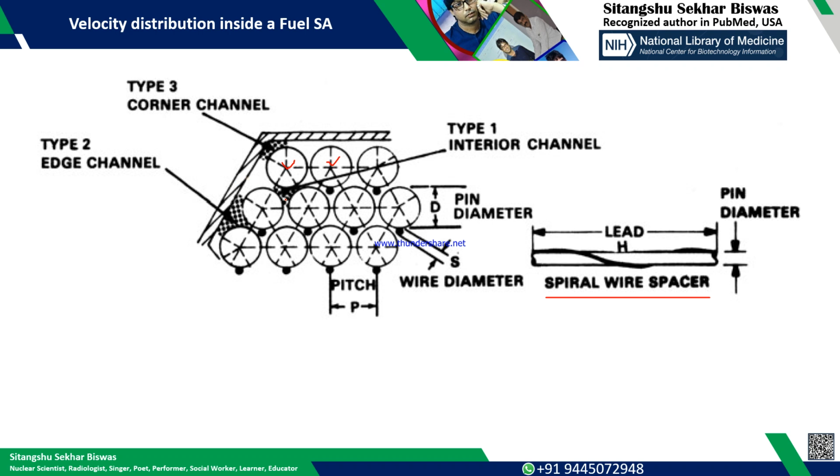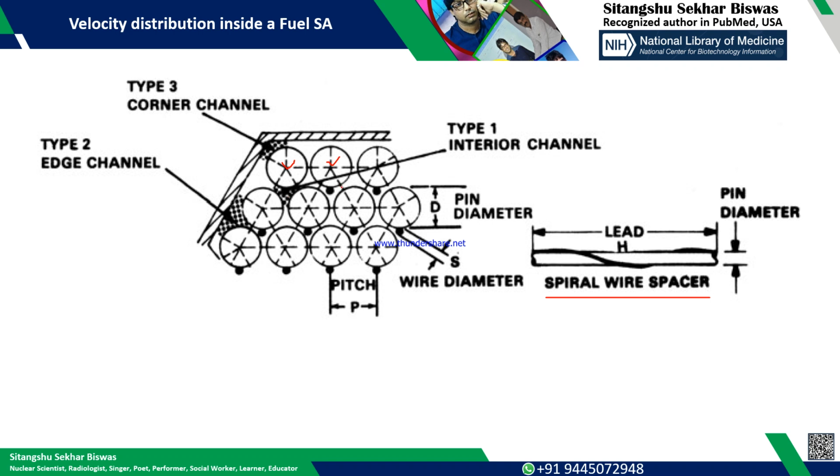Now if you see the geometry here, broadly three types of flow area, or flow aperture, are seen.